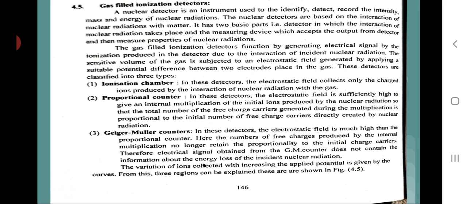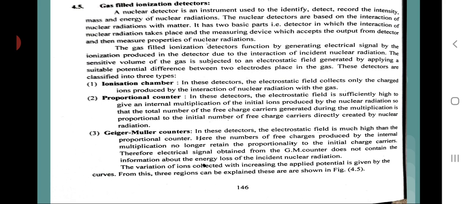In these detectors, the electrostatic field is sufficiently high to give an internal multiplication of the initial ions produced by the nuclear radiations, so that the total number of free charge carriers generated during the multiplication is proportional to the initial number of free charge carriers directly created by the nuclear radiation.